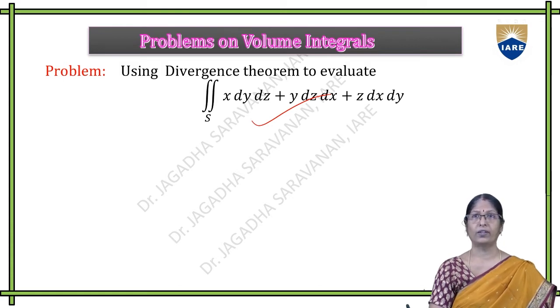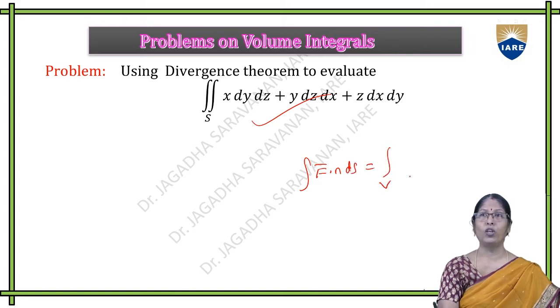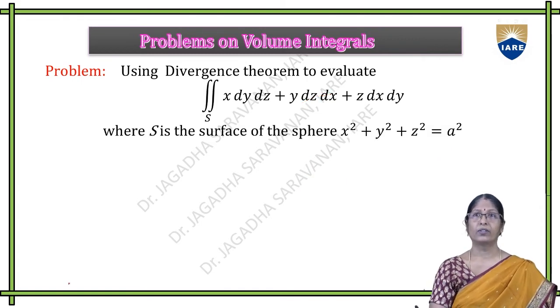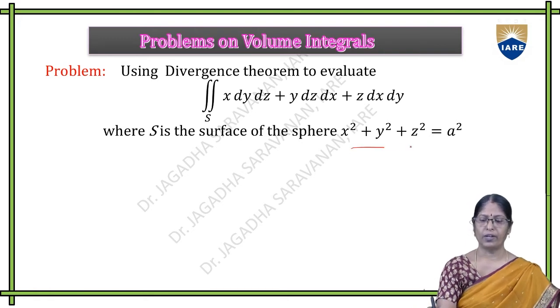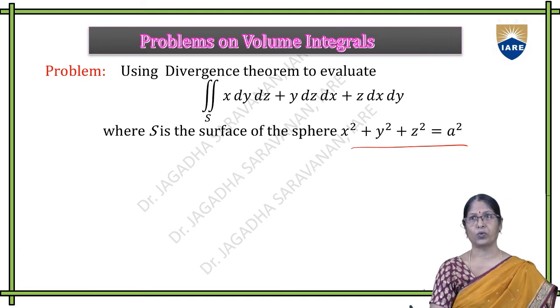It is nothing but the surface integral f dot n ds, which equals our volume integral div f dv, where s is the surface of the sphere with the condition x square plus y square plus z square equal to a square. So a square is r square, our r is a.